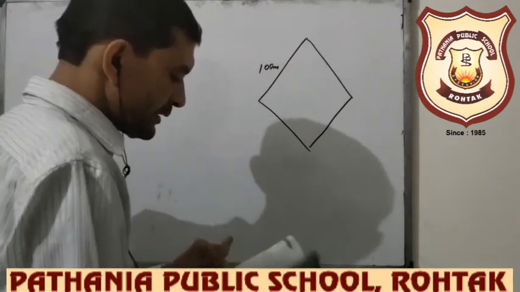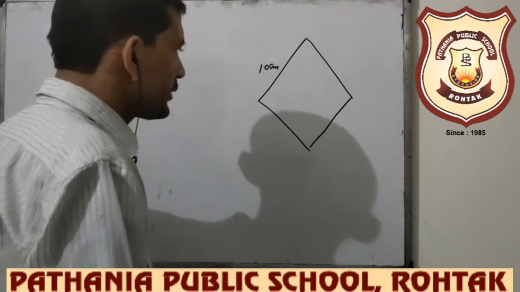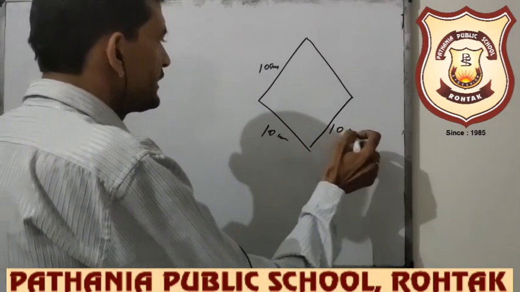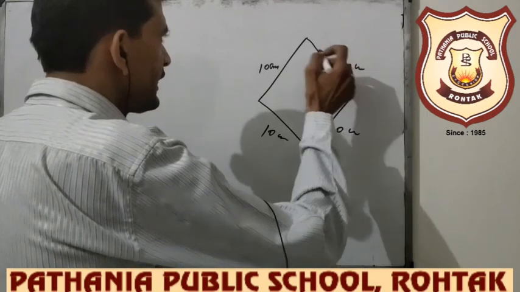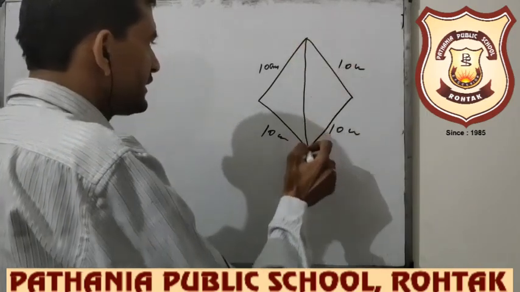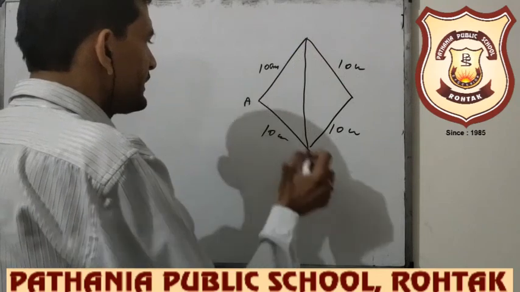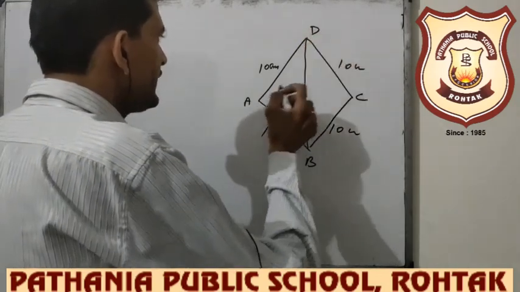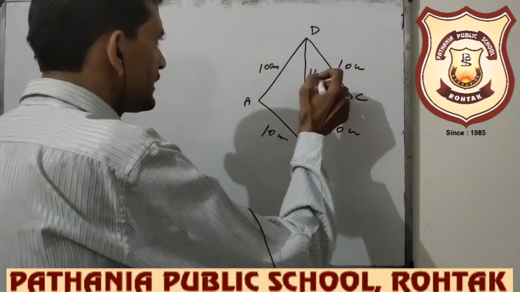Side is 10 centimeter each and one of the diagonals is 16. So all the sides are 10 and this diagonal is given. Let it be ABCD and diagonal BD is given 16 centimeter.